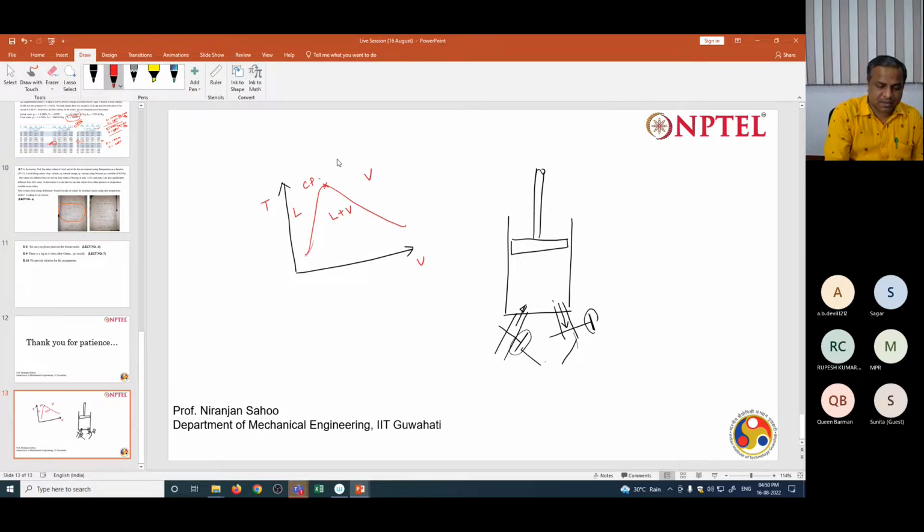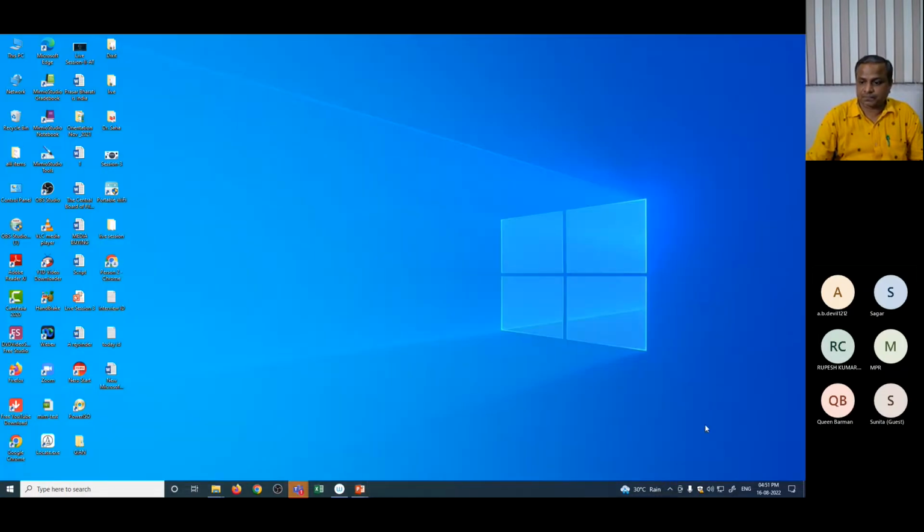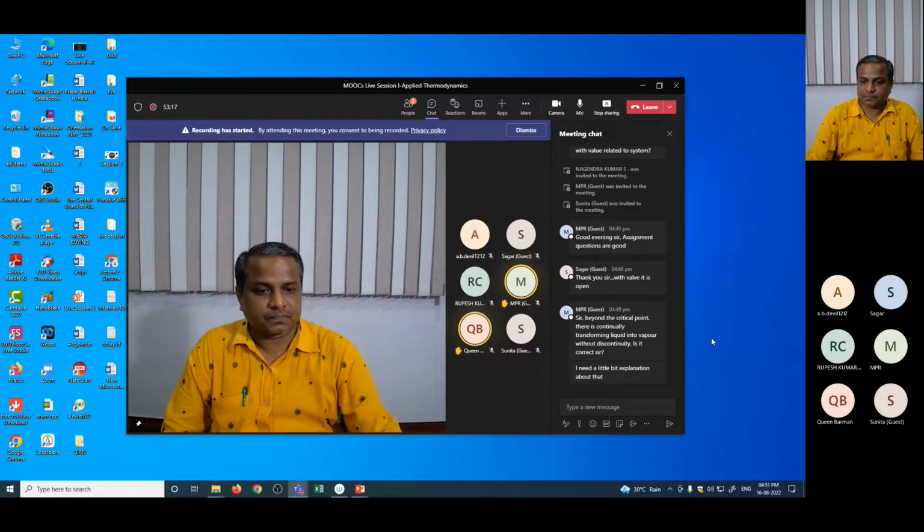So beyond this critical point, liquid and vapor coexist, and they can coexist up to a certain pressure and temperature, until the triple point is reached. So I hope I have answered that question.